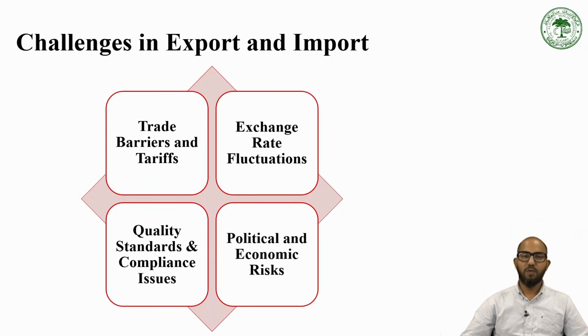And finally, quality standards and compliance issues. In any country, if goods are entering from foreign markets, every country has certain bureau standards, and if goods are not according to those standards, then they will not be allowed to enter the territory. So, this is also a challenging concern for both exporters and importers.